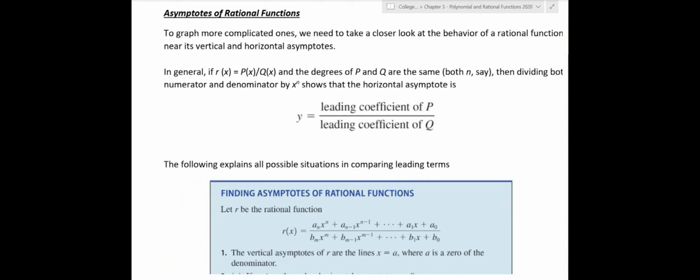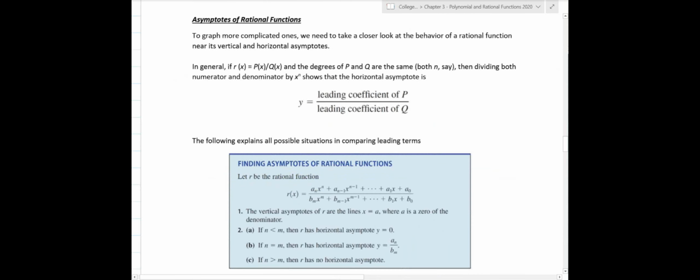We care what it's doing when x is really, really big in either the positive or negative directions. So we're talking about the behavior of a rational function near its vertical and horizontal asymptotes. Like I said, in this case, the horizontal one, and that is only when x becomes very large.